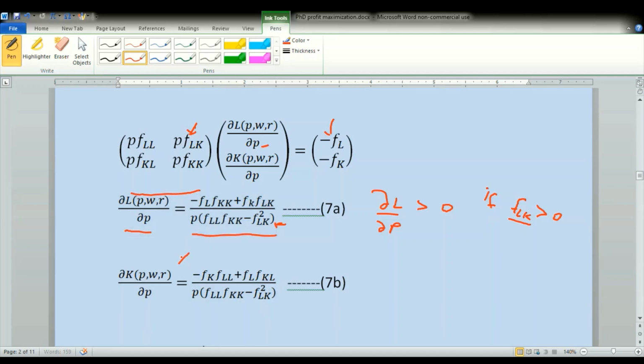Same is true about delta K over delta P. Here we have FLL less than 0, so minus becomes plus, so the first term is positive.